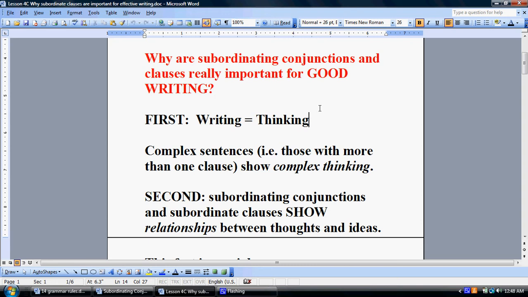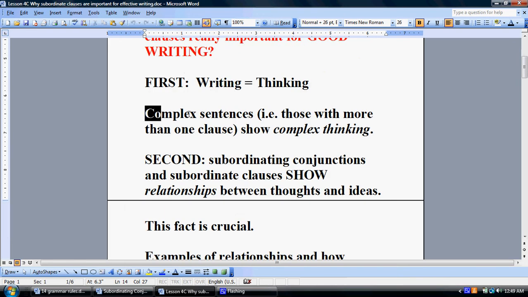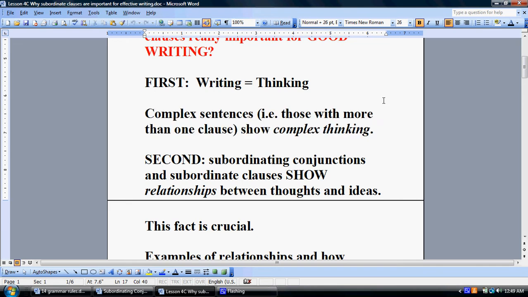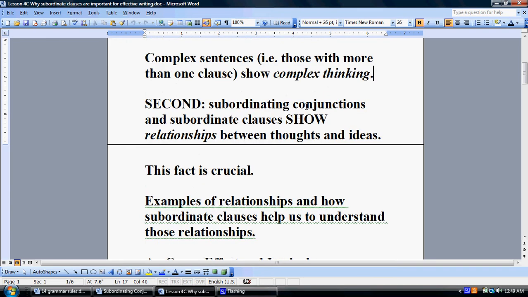So when we have complex ideas and complex sentences, it's because we need to be clear, and we need to show that our thinking is clear and that we're using logic and reasoning. Complex sentences show complex thinking, and that's a very important state standard and part of the national core standards.